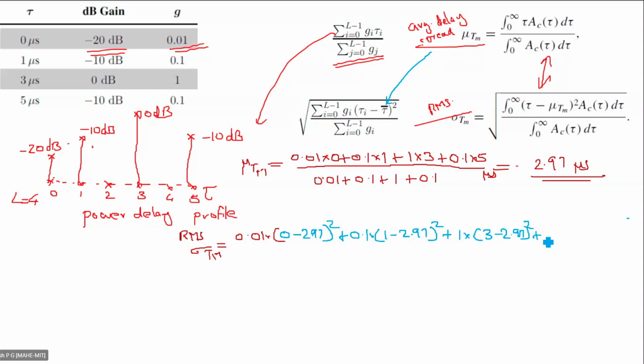So Gi, the last, that is G3, is 0.1, 0.1 into 5 minus 2.97 whole square, right, divided by the same thing, that is sigma Gi, that is 0.01 plus 0.1 plus 1 plus 0.1.